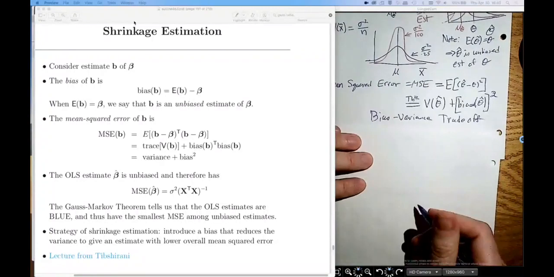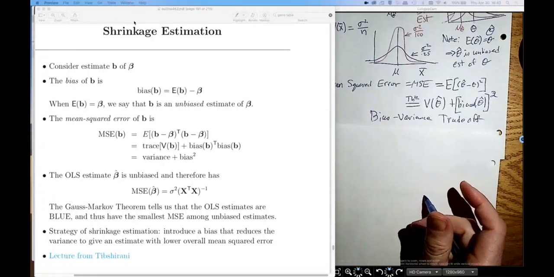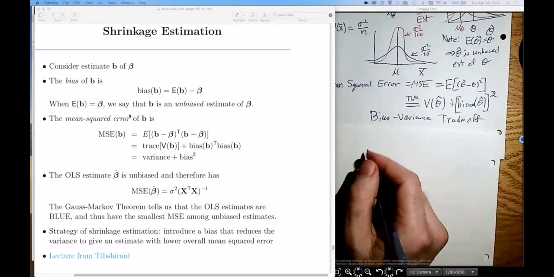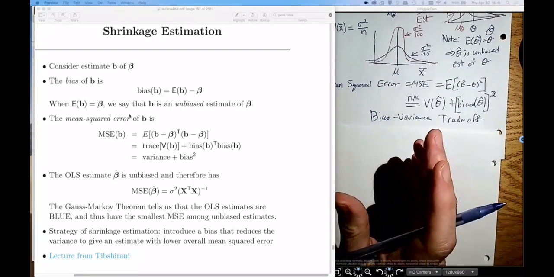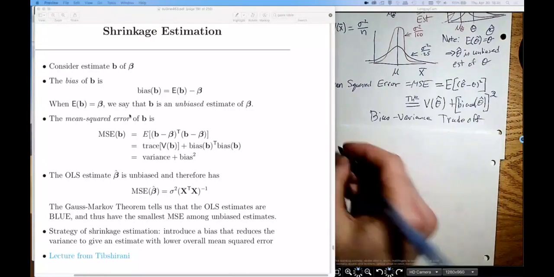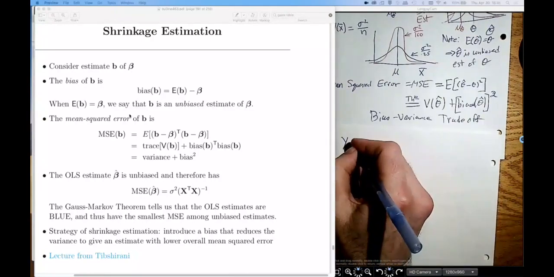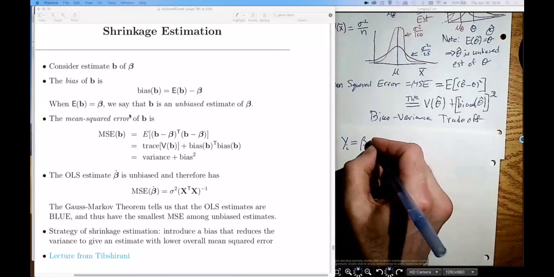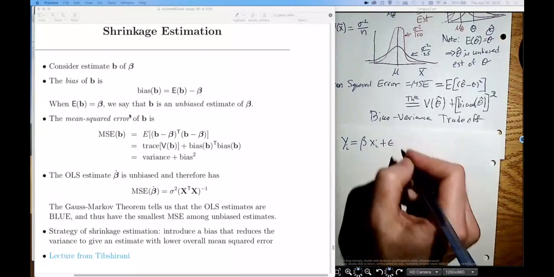We could talk about regression, which is what this chapter is about. But rather than having a p or p+1 dimensional slope vector, let's say we had a very simple model where y sub i is equal to some beta times x sub i plus some errors.